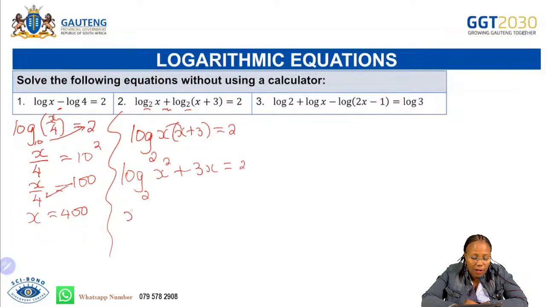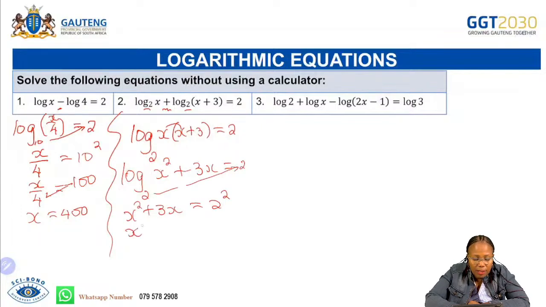Then now we have x squared plus 3x. And then this 2 will go this side and form 2 to the power 2. Then that is x squared plus 3x equals to 4, which is x squared plus 3x, 4 to this side is minus 4, equal to 0.